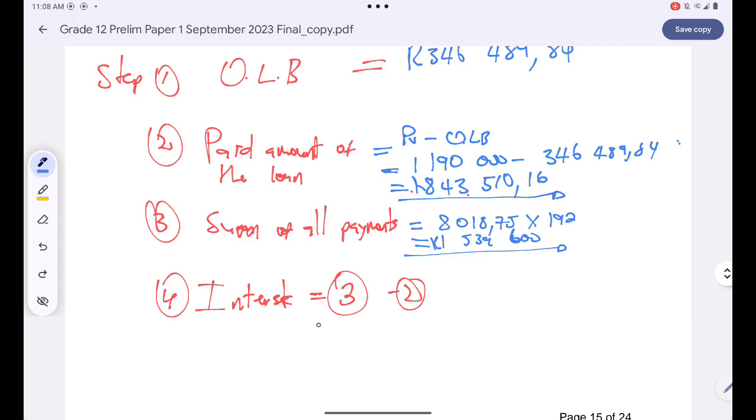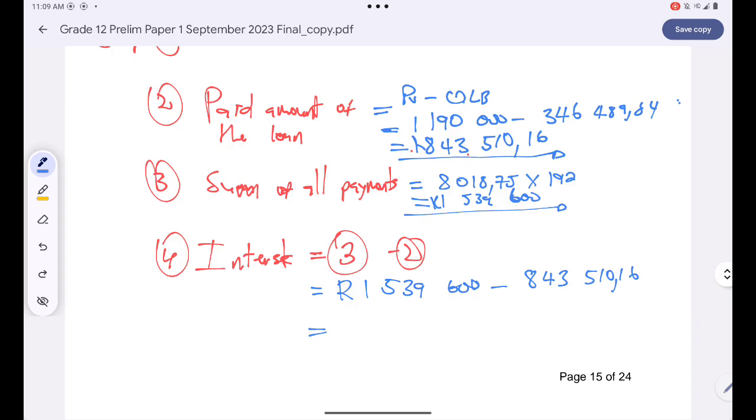So for me to find the interest, I'll simply take the total amount of installments, which is 1,539,600 rands minus the paid amount of the loan, which is just 843,510 rands 16 cents.